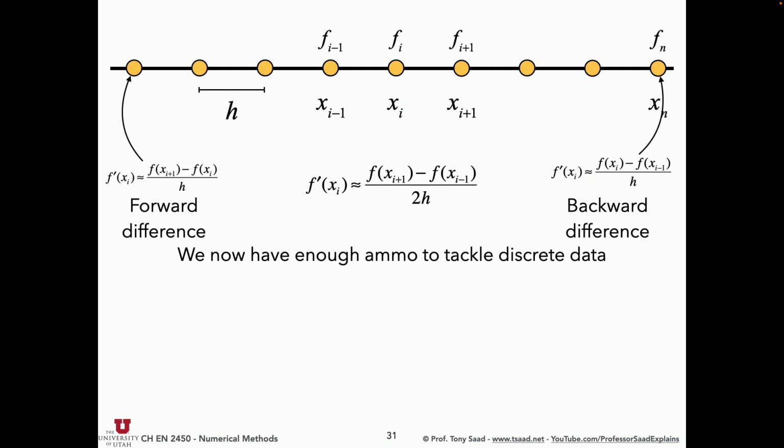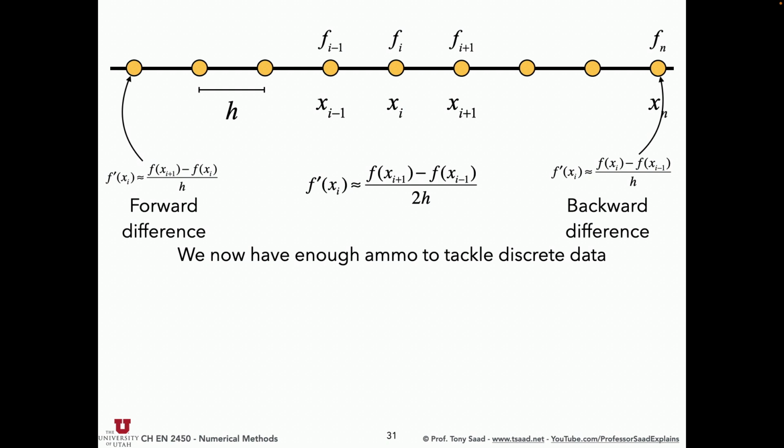And if you were to apply this at a bunch of discrete points or on some interval that's given to you, you're stuck at the edges because you have no more points if you want to apply the central difference formula. Remember, that's where we left off last time. You don't have xi plus 1 at the last point, and you don't have xi minus 1 at the first point.